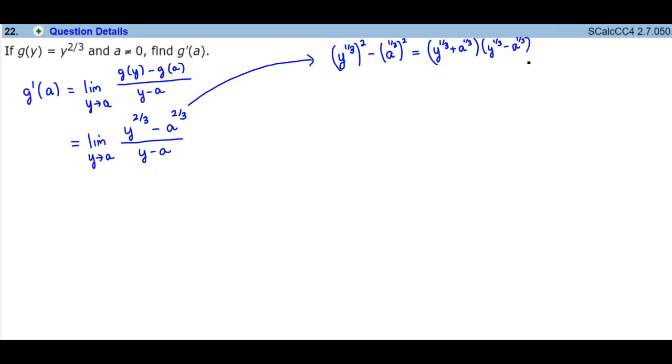And so in our next step, we have the limit as y approaches a. In our numerator, we can expand this now to be y to the 1/3 plus a to the 1/3 times y to the 1/3 minus a to the 1/3.